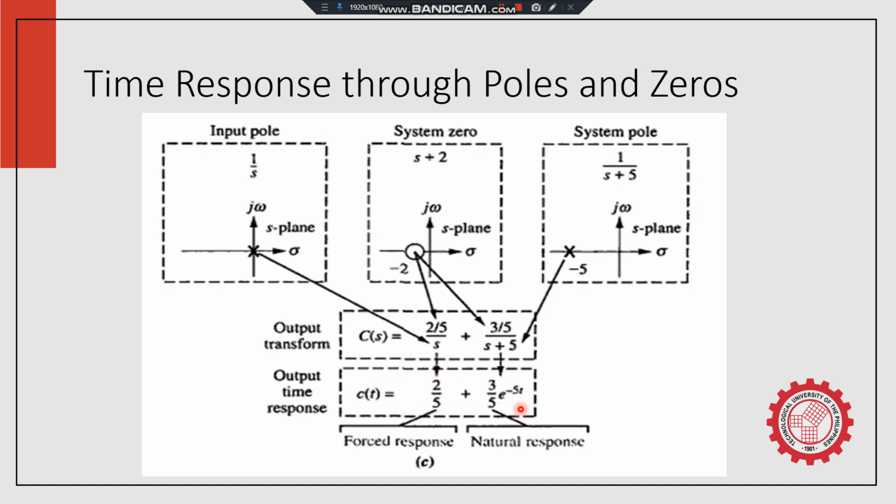Now take note here that this first term is the forced response, or the input response, while the second term is the natural response, or part of the natural response.